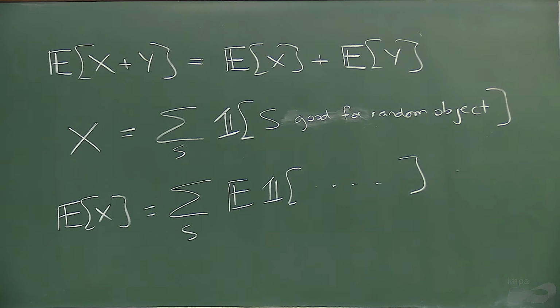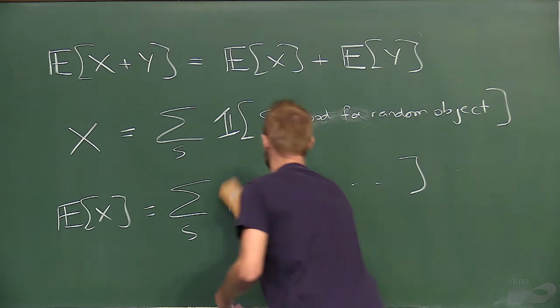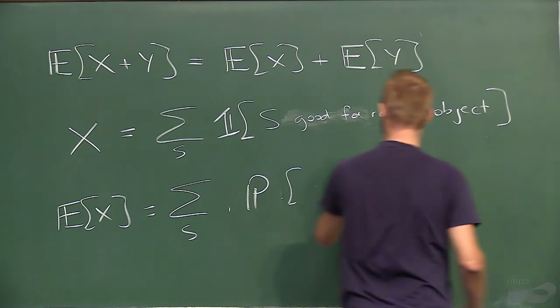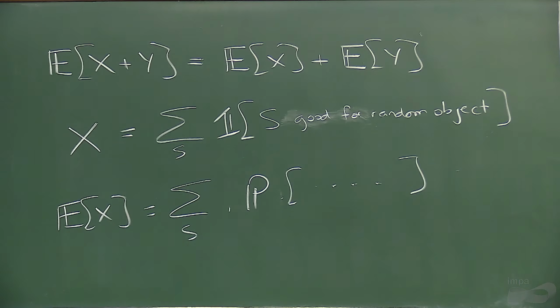Except what's the expectation of an indicator function? Indicator function is 0 or 1, so it's just the probability of the event. Right? So expectation of an indicator function is just the probability. And then these things were always easy to calculate. Okay?